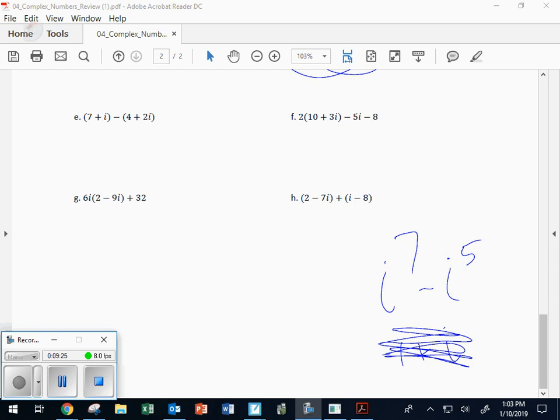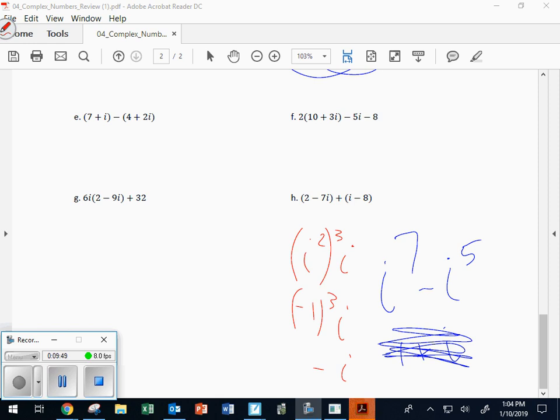I to the 7th. I would have said I squared, and another I squared, and another I squared. A smart way to do that is to the 3rd with an extra I. That makes a total of I to the 7th. And then this is negative 1 to the 3rd times I. And that makes negative I. How many of you knew that I to the 7th was negative I? Awesome.